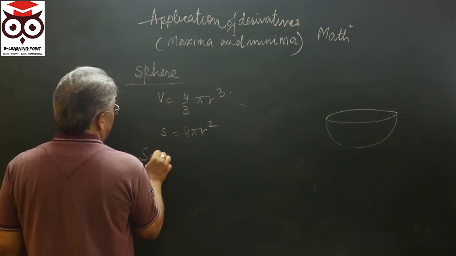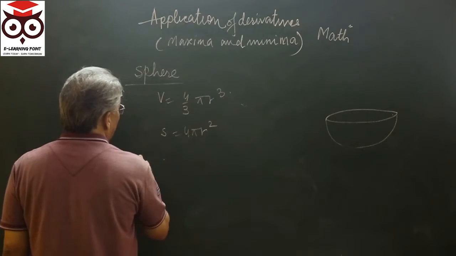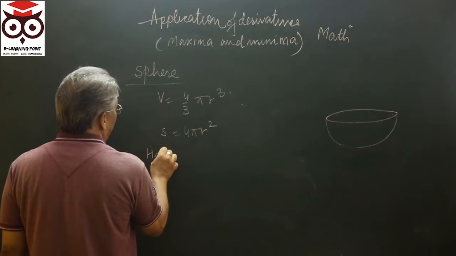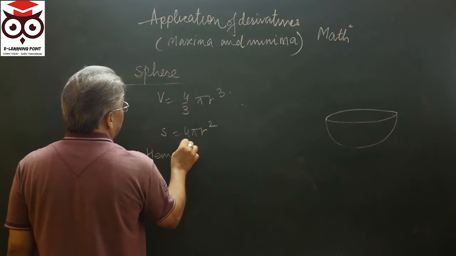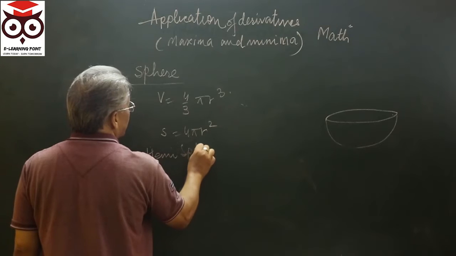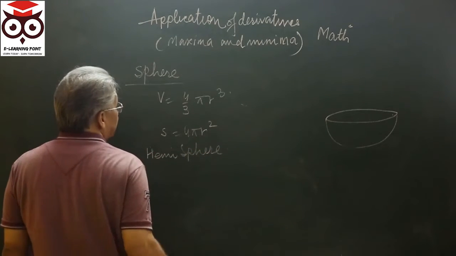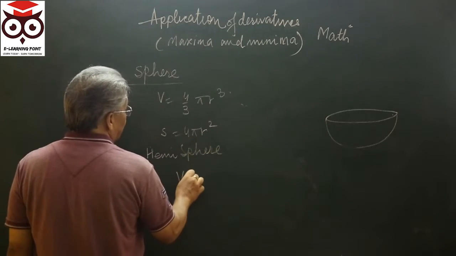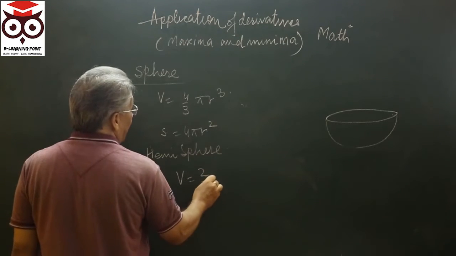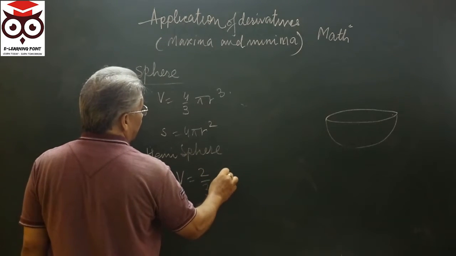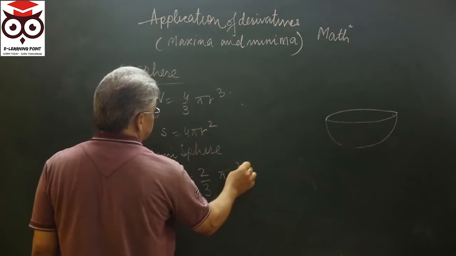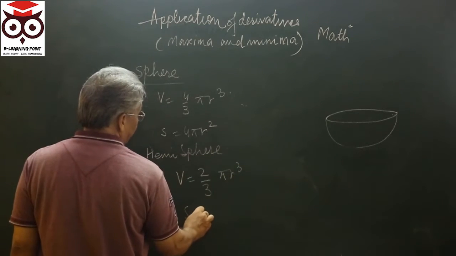Now there is another figure, हेमीस्फीयर. What is hemisphere? This is volume. Volume is half of the complete volume. Right? What is surface area?